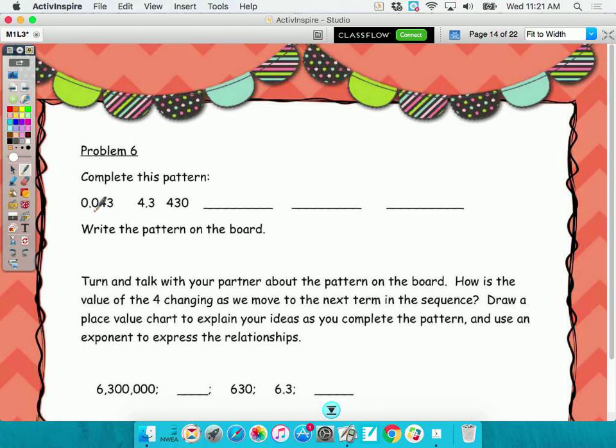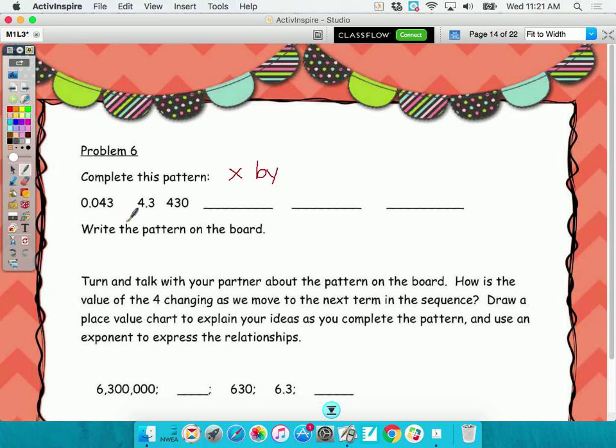So 43 thousandths, 4 3/10, 430. So I know my pattern is multiply by. Go ahead and write that down. Remember, I'm teaching you a strategy. I want you to stay with me because it's going to get harder. So multiply by, and then I'm going to have to check these two to see how far that decimal moved.